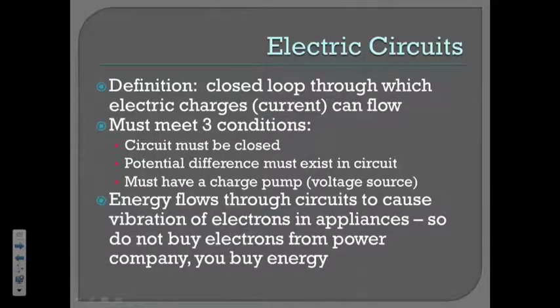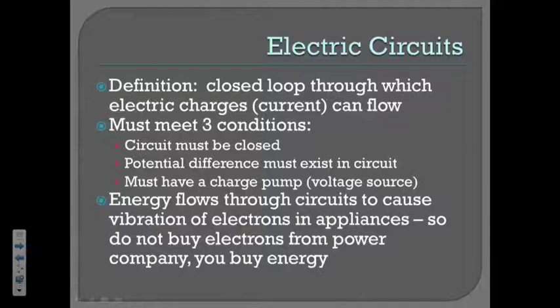And energy flows through circuits to cause a vibration of electrons in appliances in your houses and things like that. So whenever you are paying the electric company, you're not actually paying for electrons to flow into your house. What you're paying for is the energy that is produced at the power plant to pump your electrons, because remember, your houses are just using AC current, so there's not any new electrons being pumped in.